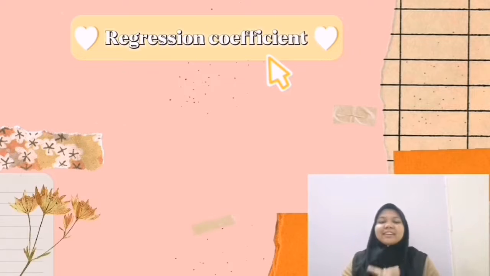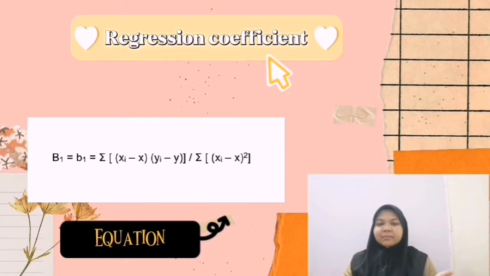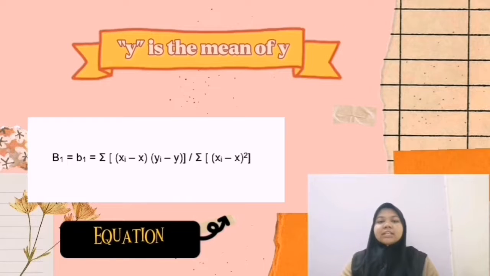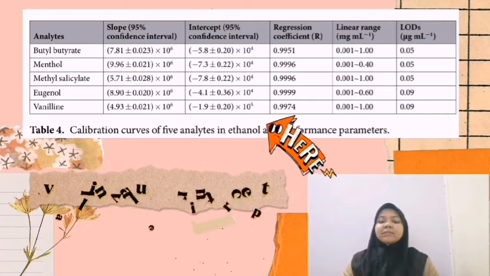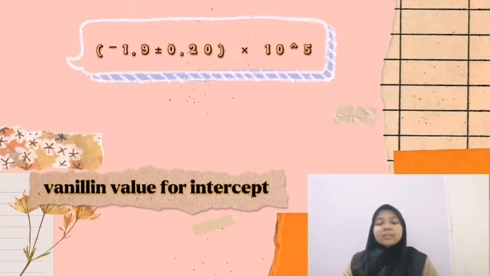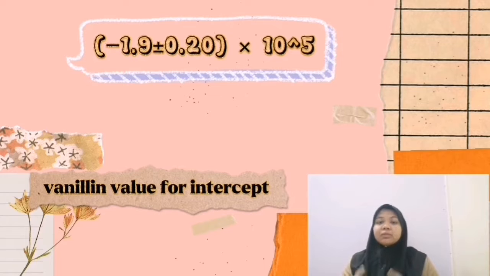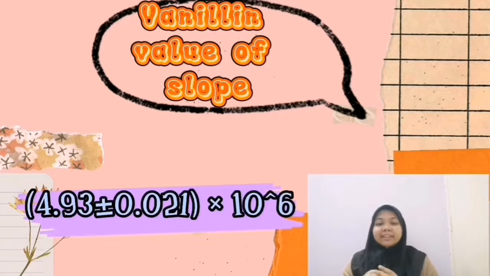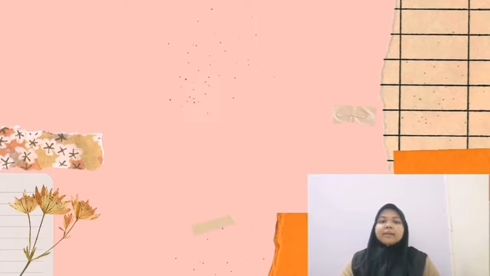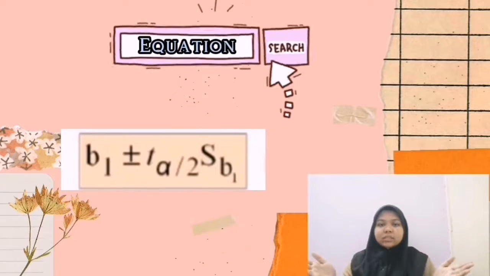The equation for the regression coefficient is shown below. Y bar in this equation is the mean of y, and x bar is the mean of x. Last but not least, the vanillin value obtained for the intercept from the graph is negative 1.9 plus minus 0.20 multiplied by 10 to the power 5. Meanwhile, the vanillin value obtained for the slope is 4.93 plus minus 0.021 multiplied by 10 to the power 6, where the value of the slope is obtained using this equation.